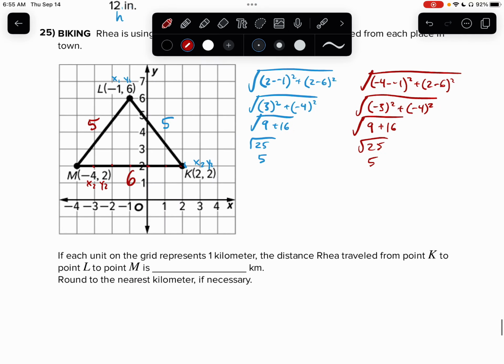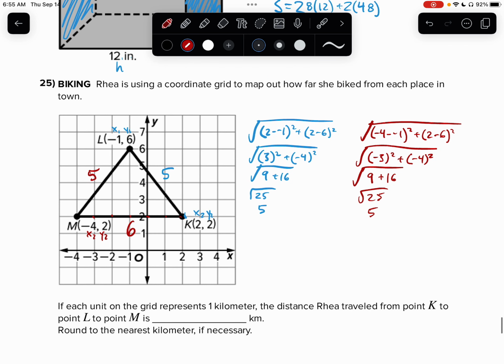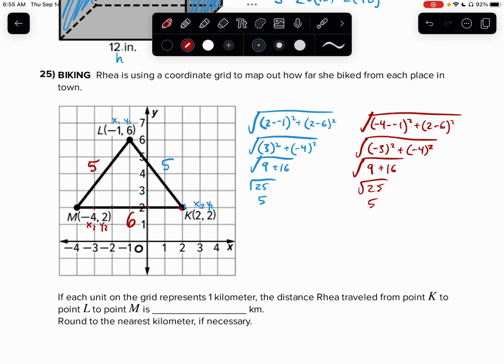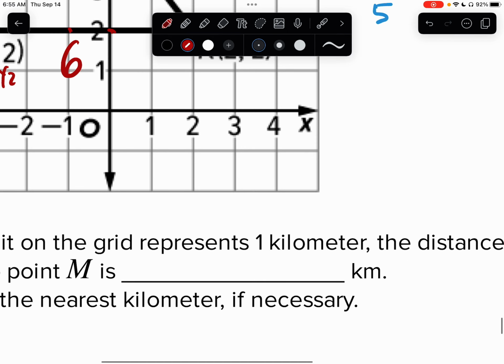All right, so to find the perimeter of this triangle, wait, she traveled from point K to point L to point M. So she started at K, went to L, went to M. So I guess she just needs to add these two numbers together. She doesn't need to add in that 6 because it doesn't say she went back to point K. So I just need to add those two 5s together. So 5 plus 5 is 10.